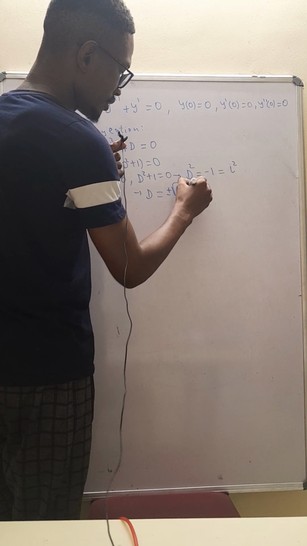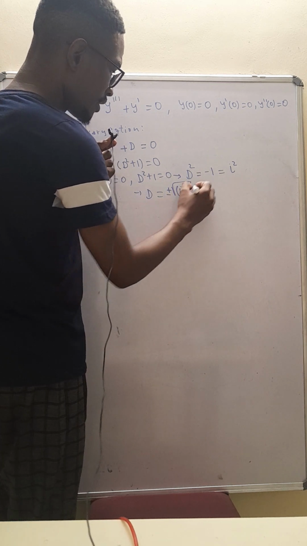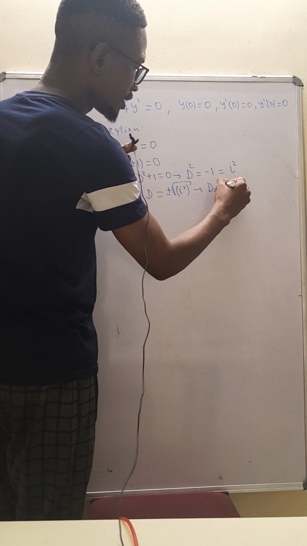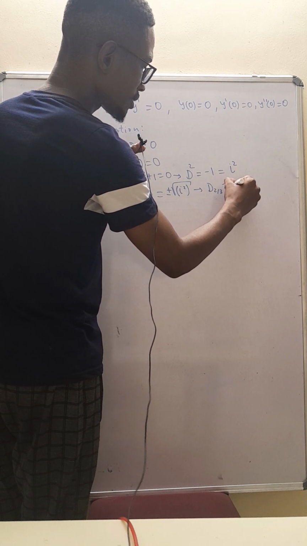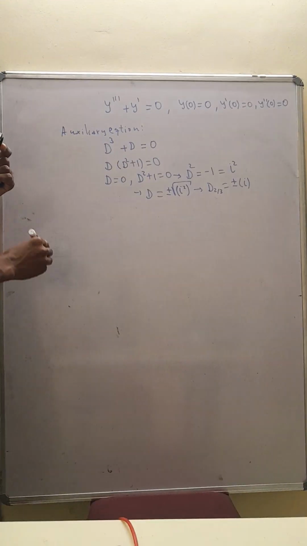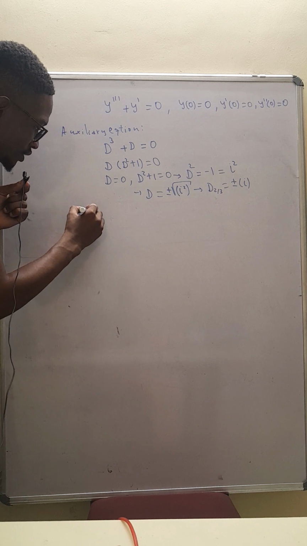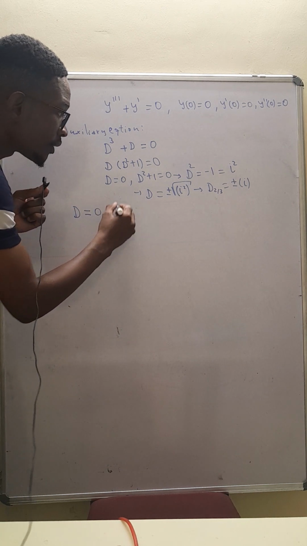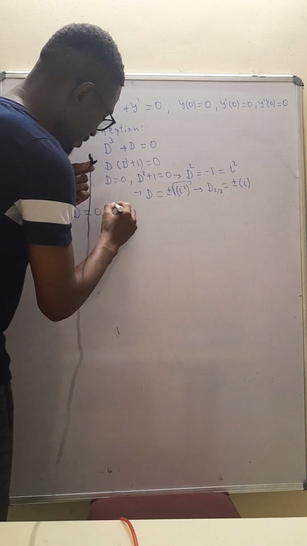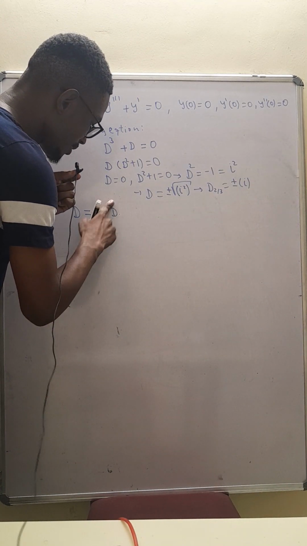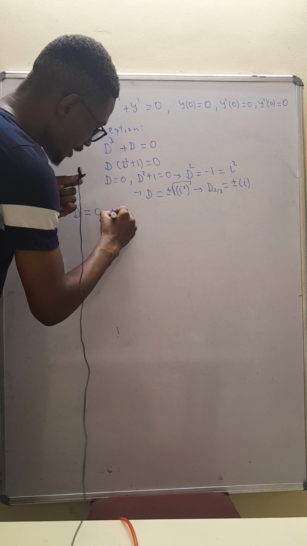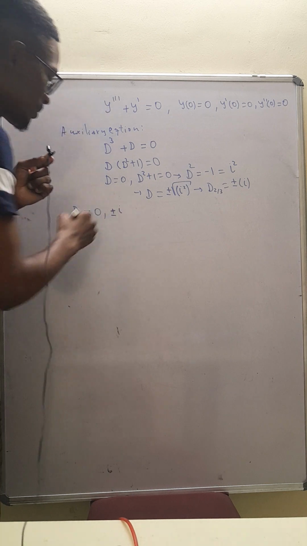Now it means that d2 and d3 will be equal to plus or minus i. What does it mean? It means that we have here three roots: 0, and these three roots are all different, but we have a pair of imaginary numbers, that is plus i and minus i. This is a pair of imaginary numbers.